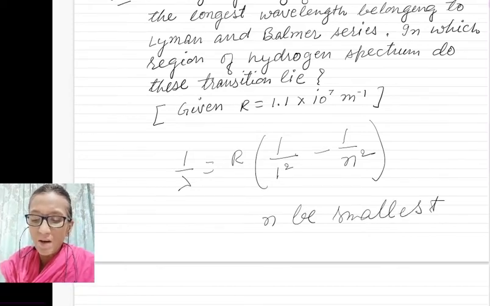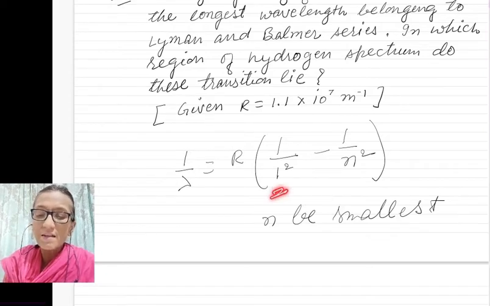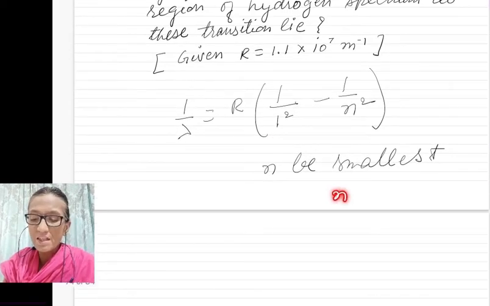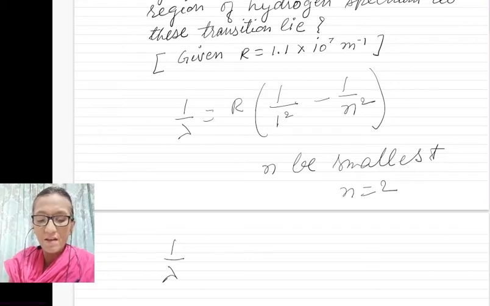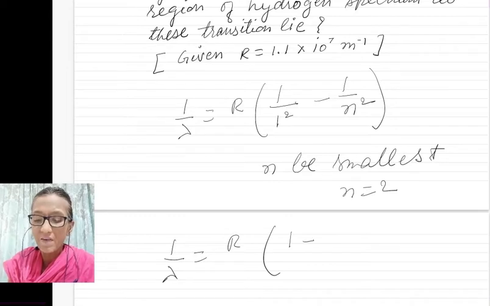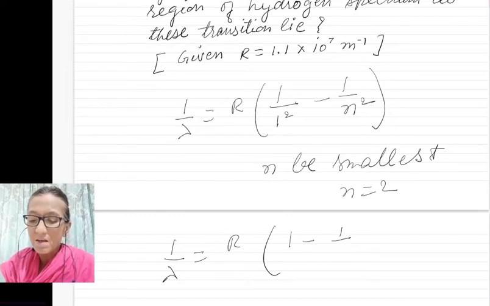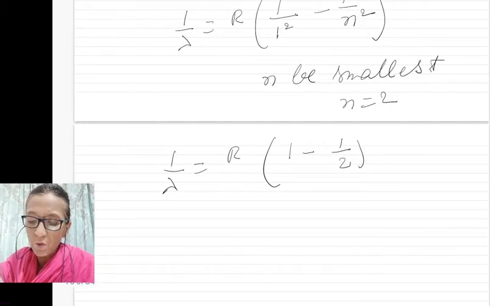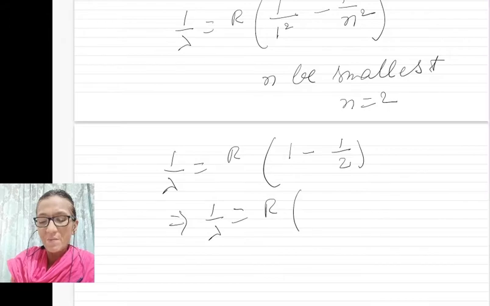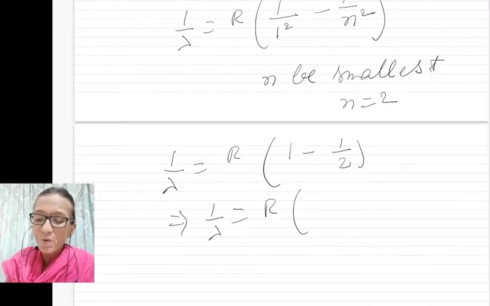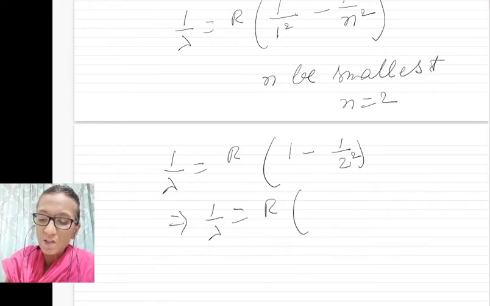So what is the smallest value? When here in this term you have 1, the smallest value of n will be equal to 2. So we can find wavelength. 1 upon lambda is equal to R, value of R also is given, times 1 minus 1 upon 2 square.